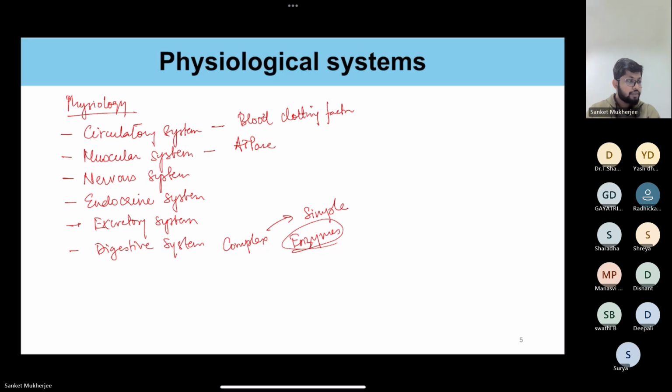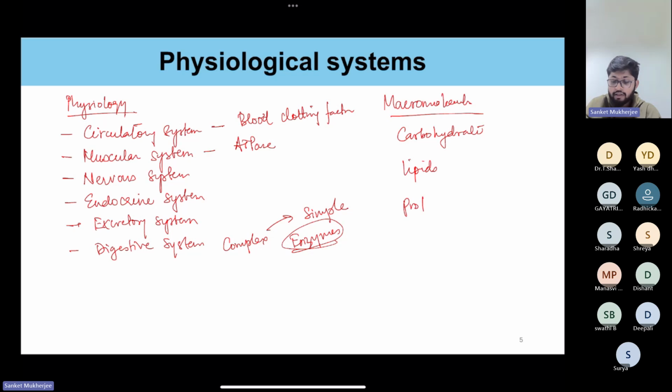Now, talking about the major molecules, or what we call macromolecules. They are basically carbohydrates, lipids, and proteins. Broadly, you can classify macromolecules under these three heads. Among carbohydrates, we have starch and other carbohydrates.